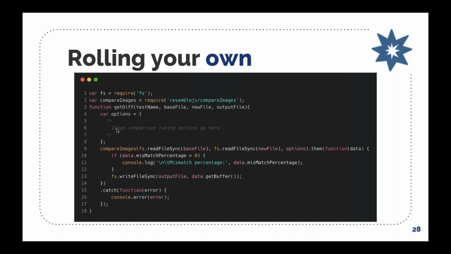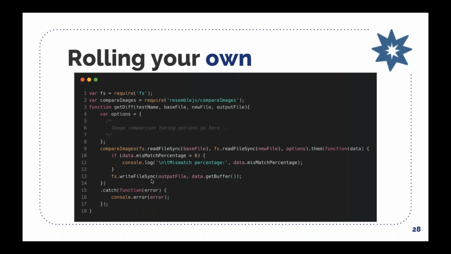But in general, you can compare one image with another one with some parameters, and you get back a JSON payload with different fields. One of those fields is the mismatch percentage. So as a proof of concept, if the mismatch percentage was bigger than 0, so something was different, then we were failing the test. And then we were saving the result of the comparison.